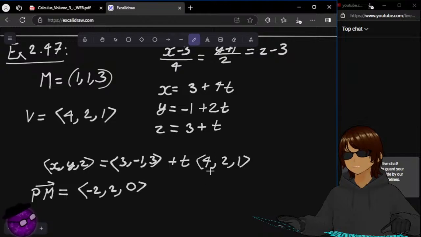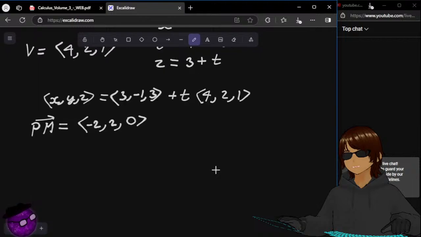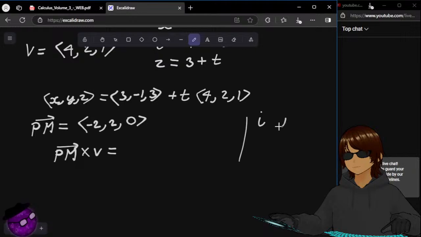And then we have this as V. So the cross product is 4, 2, 0 and 4, 2, 1.